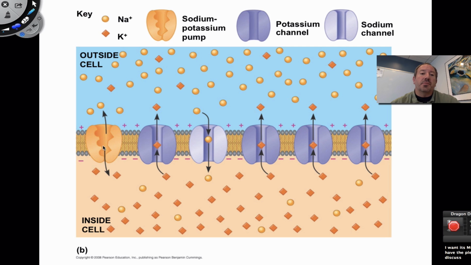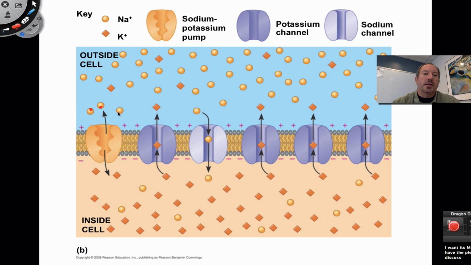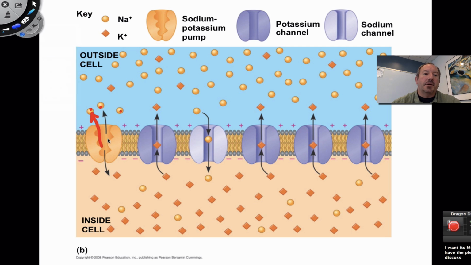And what's curious about it is the shape of it will allow three, let me just illustrate that. It will allow 3 sodium ions, shown here in red, to exit and 2 of the potassium ions to come in. So check that out. I mean, that's uneven.